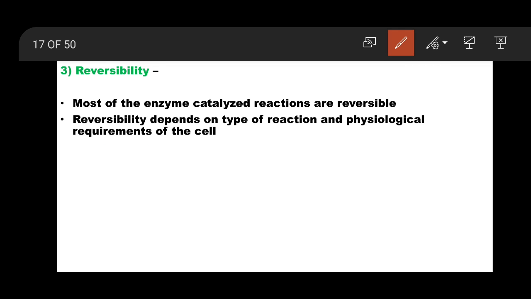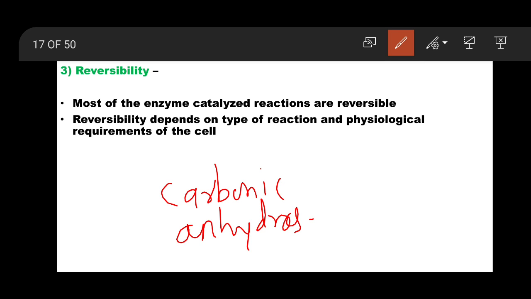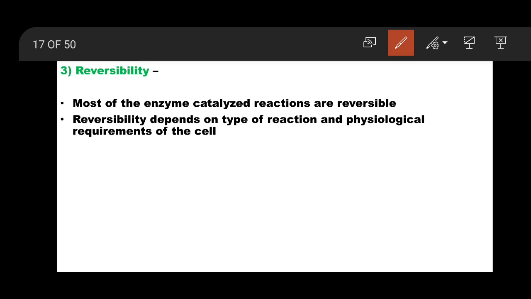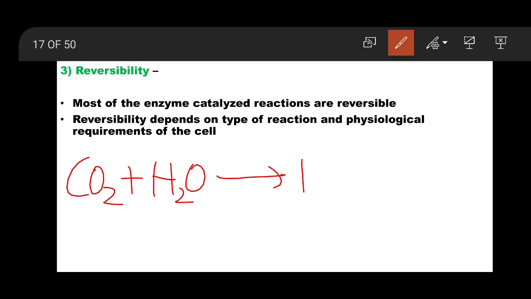If you take the enzyme action of carbonic anhydrase. Carbonic anhydrase is an enzyme. It also acts reversibly. Carbonic anhydrase helps in binding of CO2 and H2O and formation of H2CO3, that is carbonic acid.